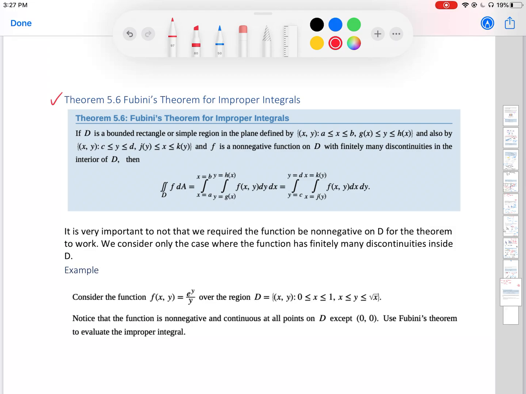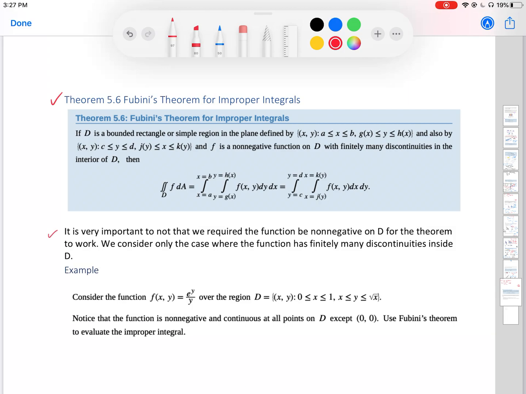If D is a bounded rectangle or a simple region in the plane defined by (x, y) with a less than or equal to x less than or equal to b, and g of x less than or equal to y less than or equal to h of x, and also by (x, y) with c less than or equal to y less than or equal to d, and j of y less than or equal to x less than or equal to k of y, and f is a non-negative function on D with finitely many discontinuities in the interior of D, then we can integrate over the enclosed region.